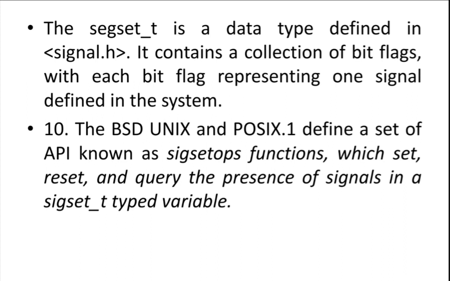If you want to know what signals are present in this data type, you can do that using a sigset ops function. You can reset the value, set the value, or query the presence of a signal in this variable.